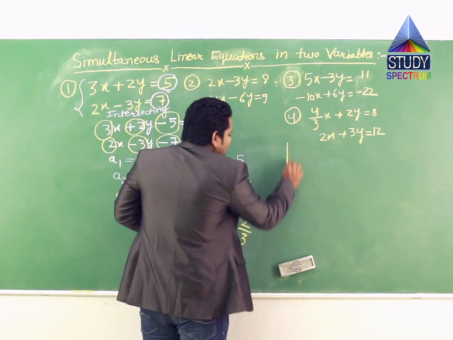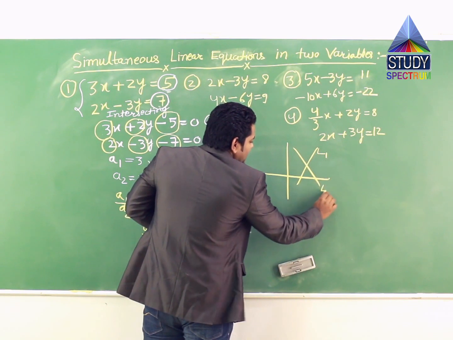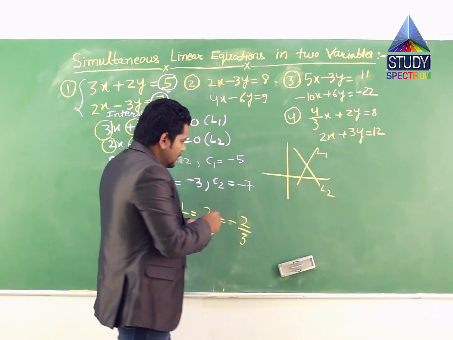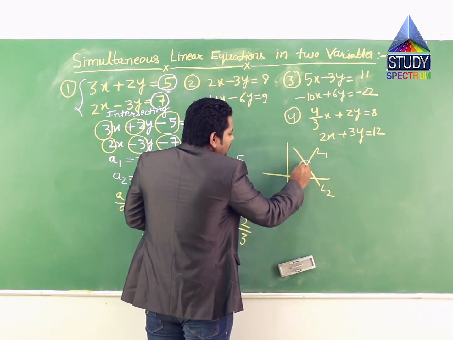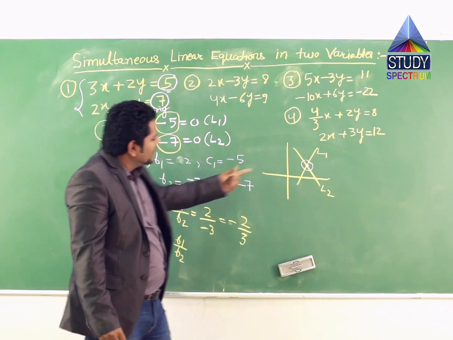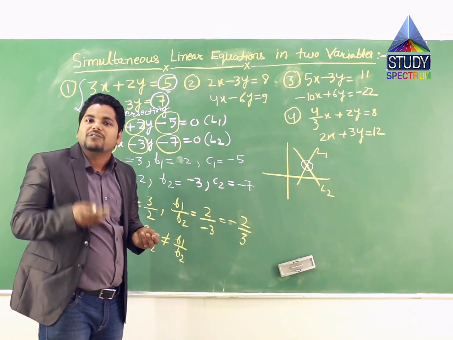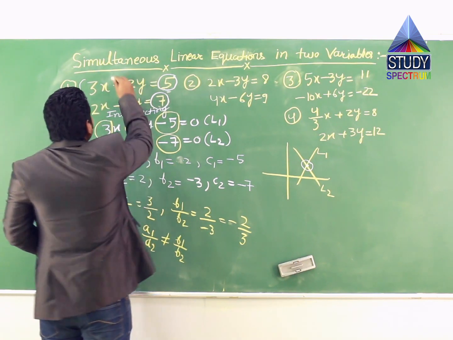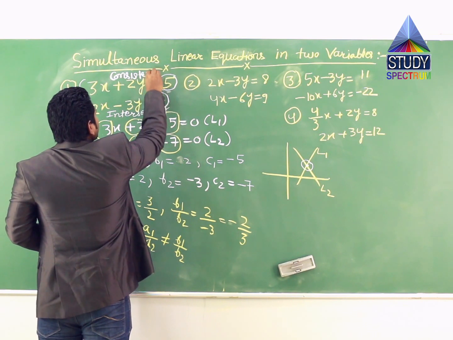There are two lines, L1 and L2. This is L1, this is L2. Both lines intersect, which means we'll get one solution over here. So this system is consistent because we are getting one solution. So this is a consistent system.